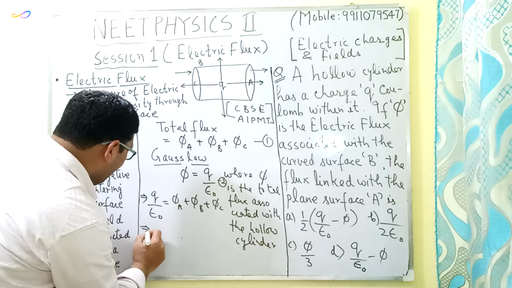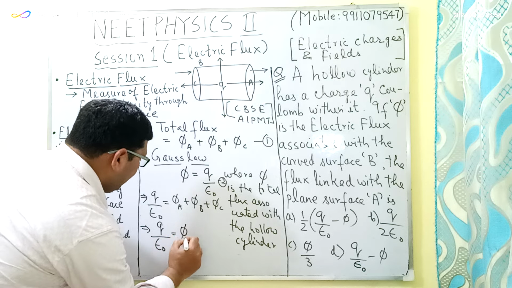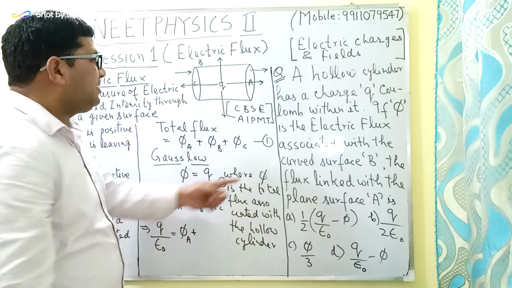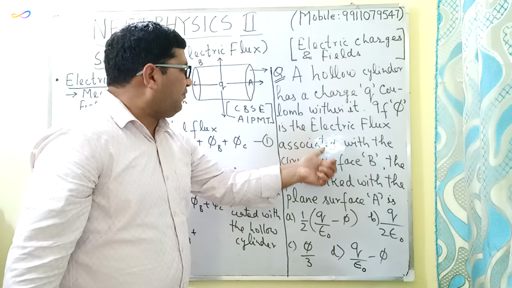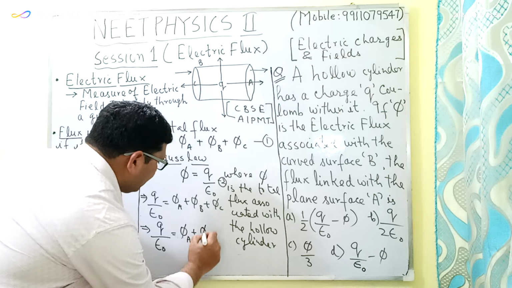So we can simply write this equation as phi A. Now phi B, the electric flux associated with the curved surface B, is equal to phi.